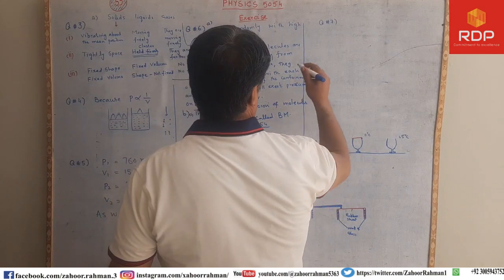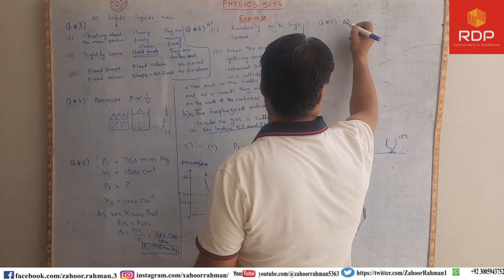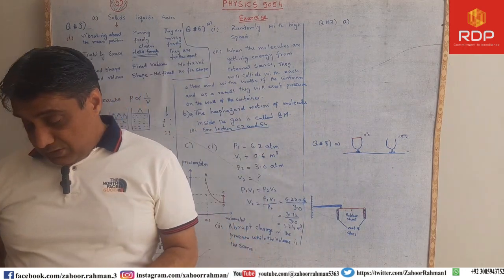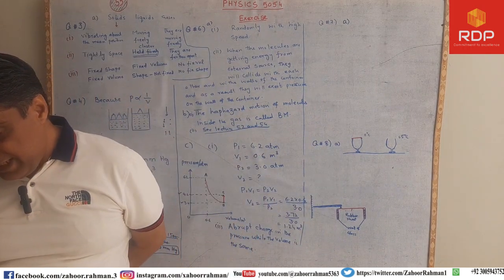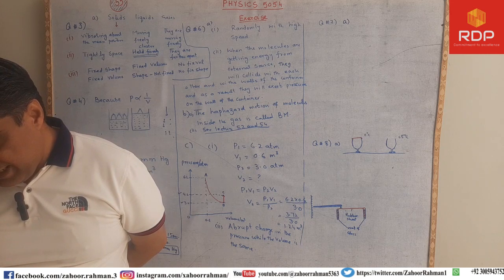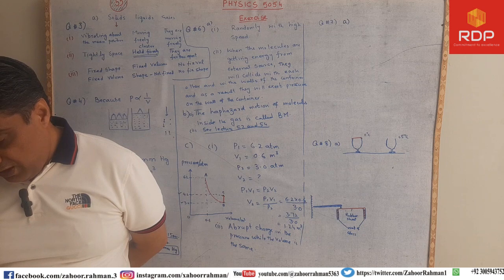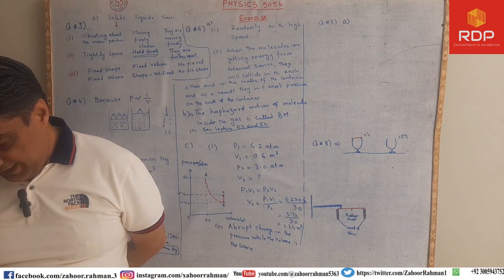Use the kinetic theory of gases to answer the following. Part A is saying: how does the air in the tyre exert a pressure on the walls of the tyre?